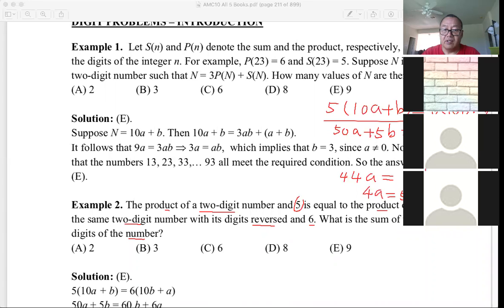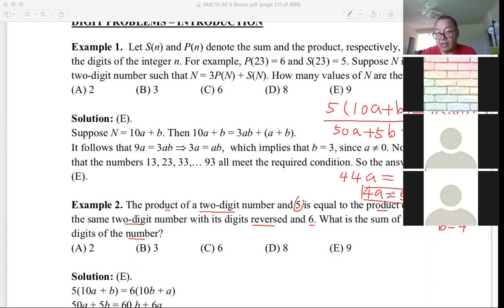Okay. Now let's see. This number satisfies this requirement: the 10th digit times 4 equals the 1st digit times 5. If you choose B equals 4, then A will equal 5, right?